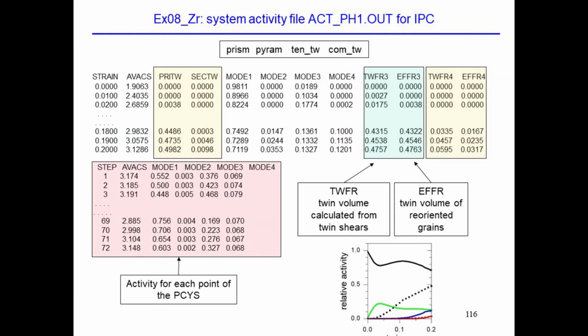Okay, so we were here, and this concerns the activity of the different systems and how it evolves. By the way, I forgot to mention, in this example we run 20% in-plane compression followed by a calculation of the yield surface. I'm going to be showing the yield surfaces now, but in the activity file and also in the stress-strain file, you will also have the stress and strain rate states that correspond to the calculation of the yield surface.